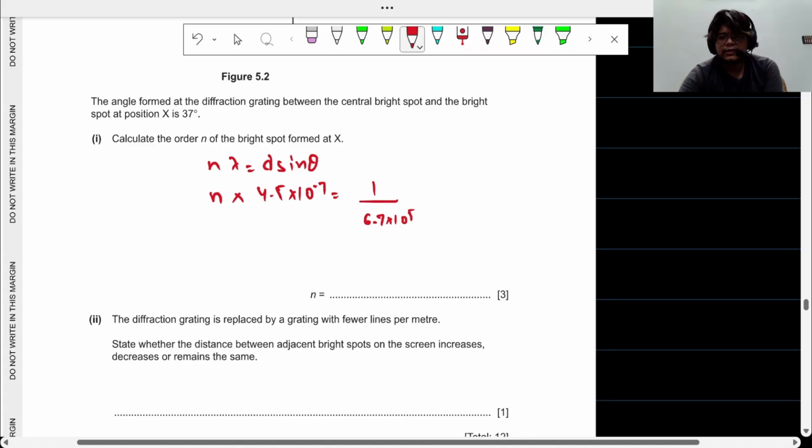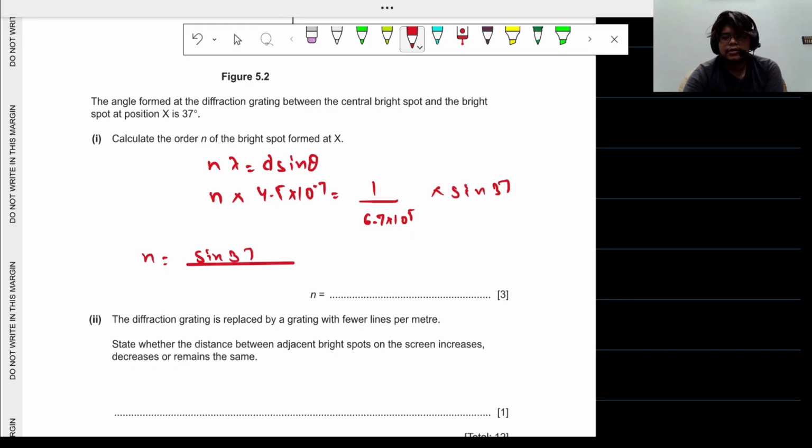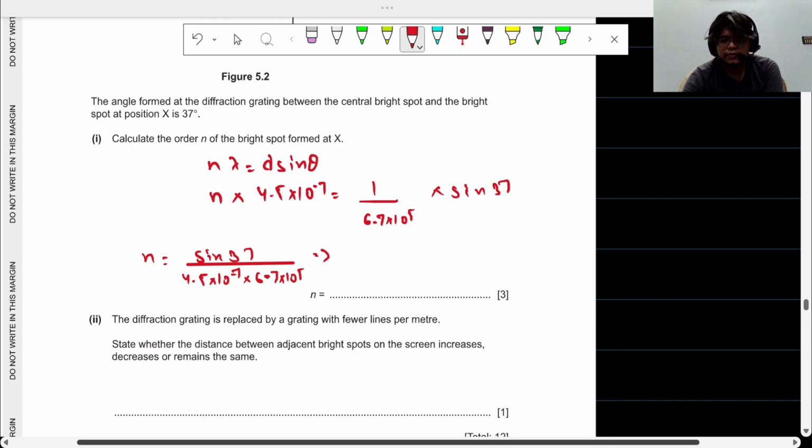And then sine is sine of 37. So if you make n the subject, n would be equal to sine 37 divided by 4.5 times 10 to the power minus 7 into 6.7 times 10 to the power 5. So this should come equal to 2.